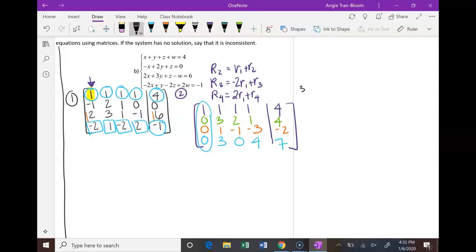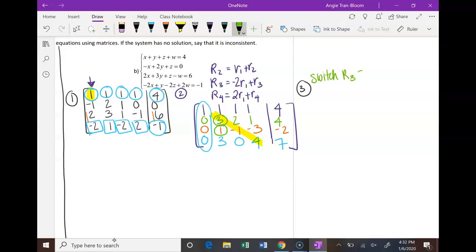Step number 3, I would like for the remaining diagonals, remember these all have to be ones. So what you want to do is look around in column 2 to see if you can switch any of row 2, row 3, and row 4. And in this case, you can. When I say switch, you have to switch the entire row.